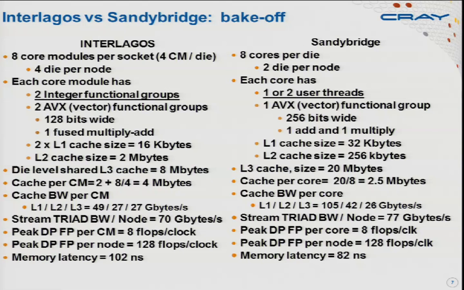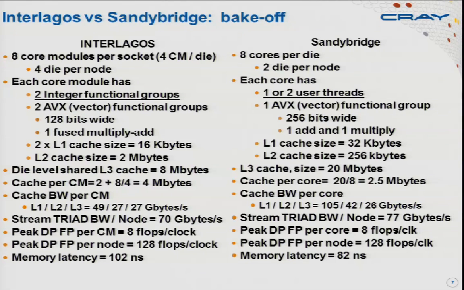So continuing on, the core module, this bulldozer module on Interlagos, had 2 AVX vector functional units. Each was 128 bits wide. What they would do is take the AVX instruction and, under the covers, split it up into 2 128s and then feed it to the vector functional unit.